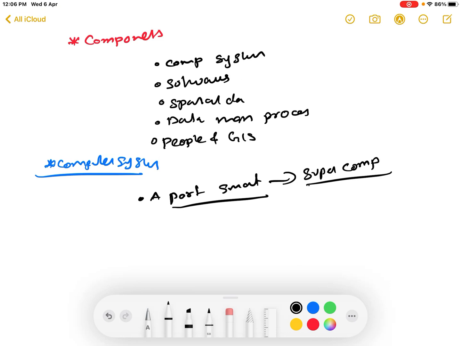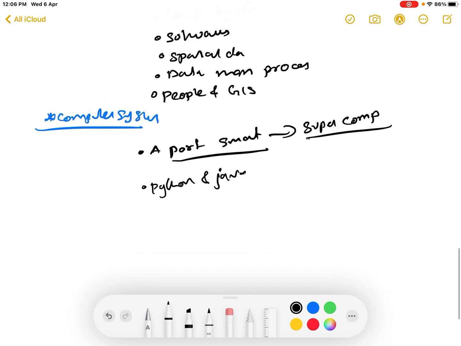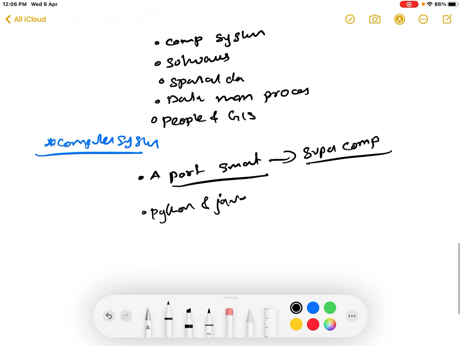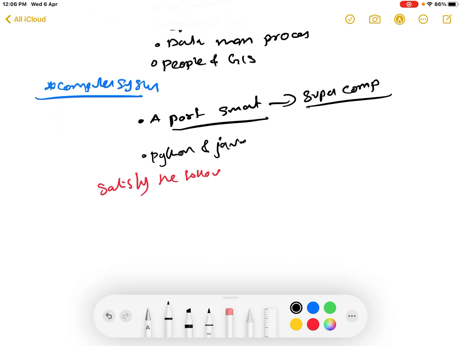And we can program them in a variety of computer languages. Mainly we use languages like Python and Java, but we can also use other languages. The computer system that we use must satisfy the following conditions, which are essential for effective GIS operation.